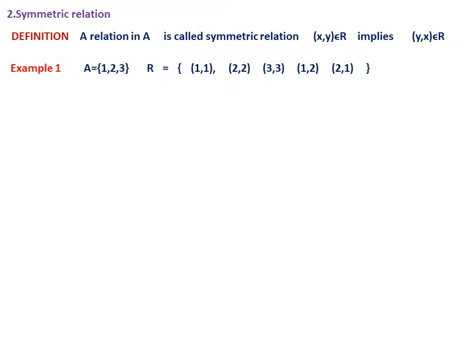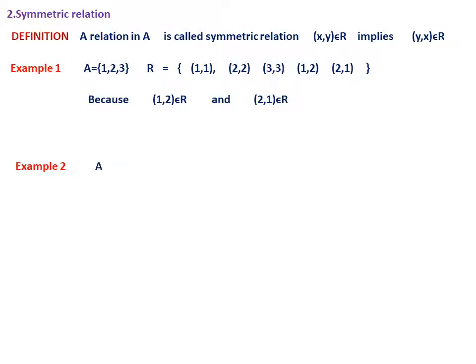Now if you take (1, 1), if you interchange, there is no problem, therefore (1, 1), (2, 2), (3, 3) you need not consider. Take (1, 2): (1, 2) is there, (2, 1) is also there, therefore it is symmetric. So you can say: (1, 2) belongs to R and (2, 1) belongs to R, therefore it is symmetric.